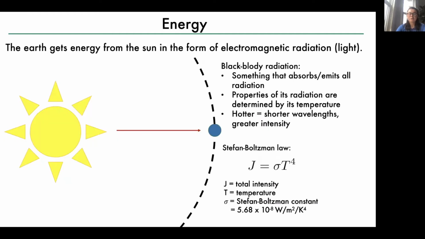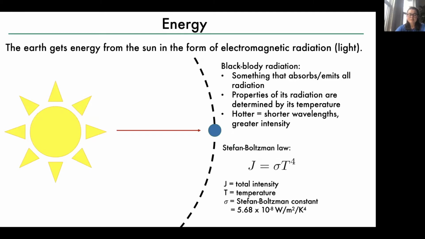Okay, so we talked a bit about black body radiation. A black body, as I said, is something that absorbs and emits radiation at all wavelengths, and the properties of its radiation are determined by its temperature. We saw that because the Earth and the sun are at different temperatures, they radiate at different wavelengths of maximum intensity, and they also have different magnitudes of maximum intensity.